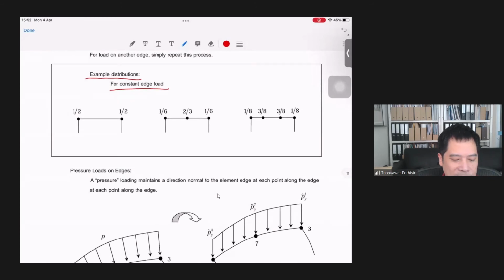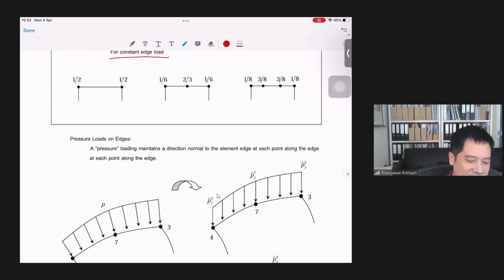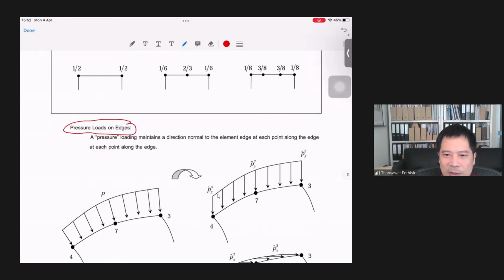For example, you can have what we call the pressure load, right? What is a pressure load? The pressure load is the load with the direction of the load acting normal to the surface.